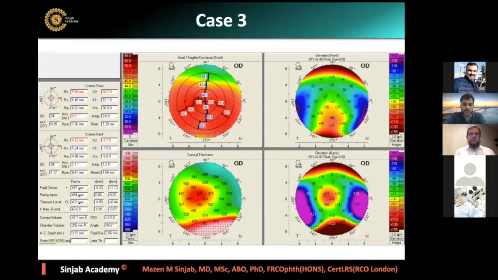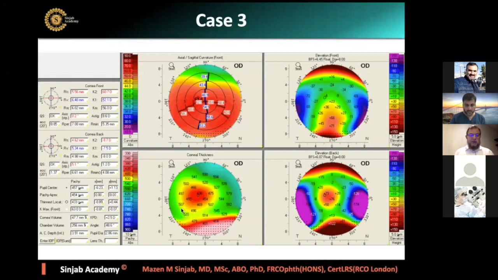We come to the next case, which is pellucid marginal degeneration. In pellucid marginal degeneration, we have a problem in the anterior curvature, and a problem in the posterior elevation. In addition, there is a specific sign on the corneal thickness map, which is the bell sign, because of the inferior thinning in the cornea.